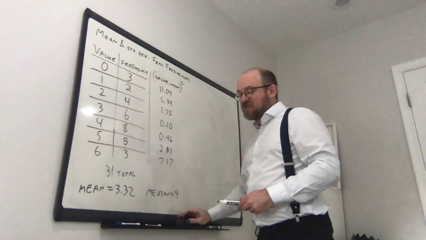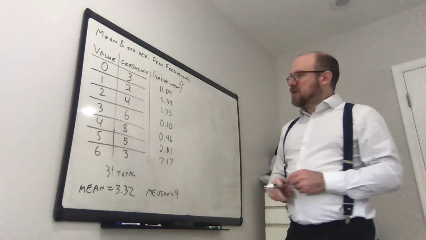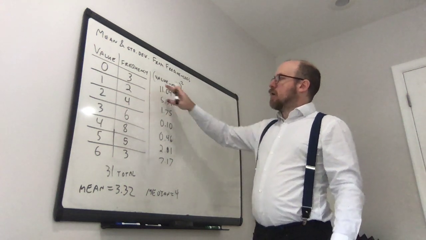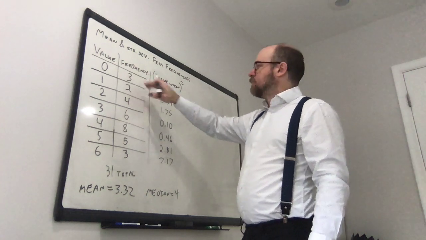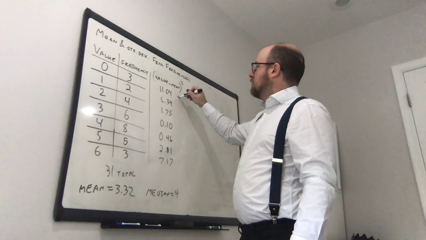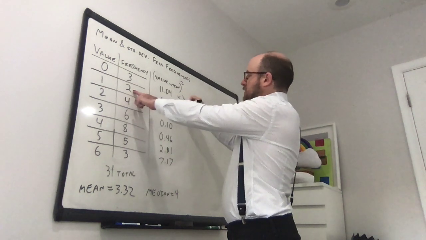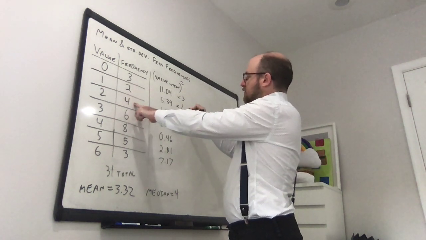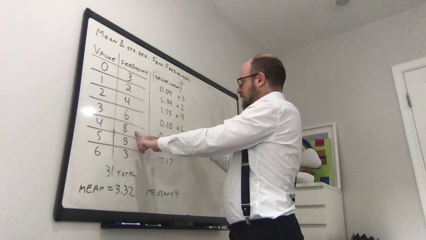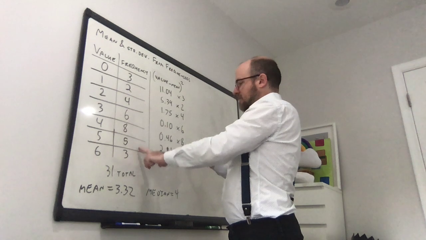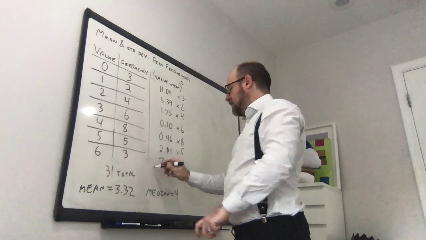So once we've got those values, just like we did with the mean, we're going to multiply each of them times the frequency and add them up. So we're going to take this one times 3, this one times 2, this one times 4, this one times 6, this one times 8, this one times 5, and this one times 3.